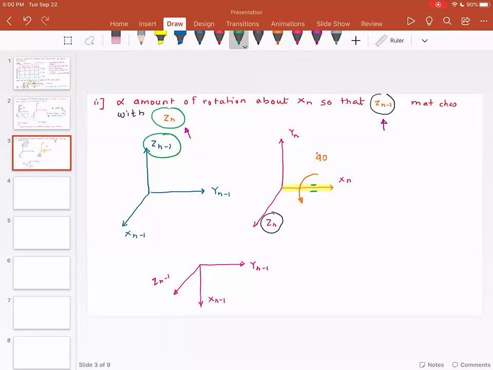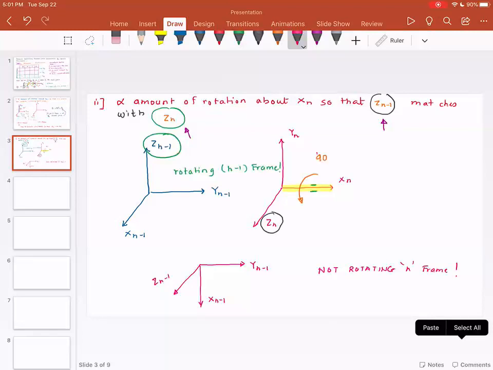So you are rotating the n minus 1 frame. This is something important. You are not rotating the n frame.